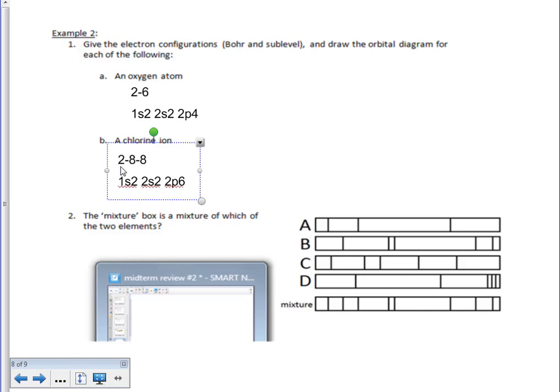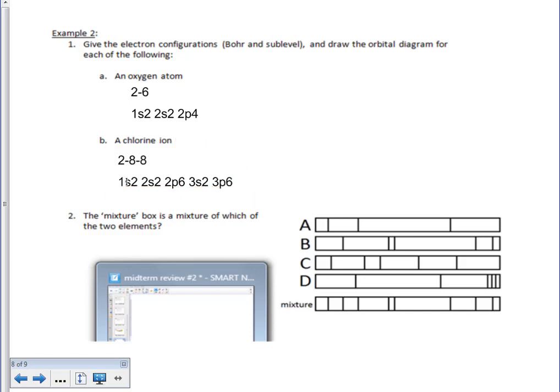Now moving into the third principal energy level, 3s2, and then 3p6. Looking at that, we know that this is actually an ion, so it picked up that extra electron, which is located right on the outermost principal energy level.